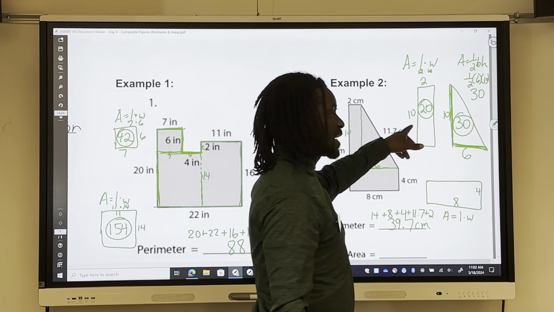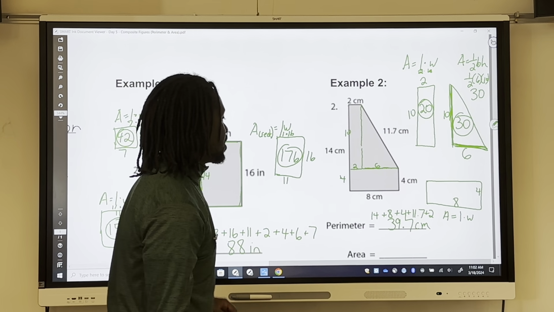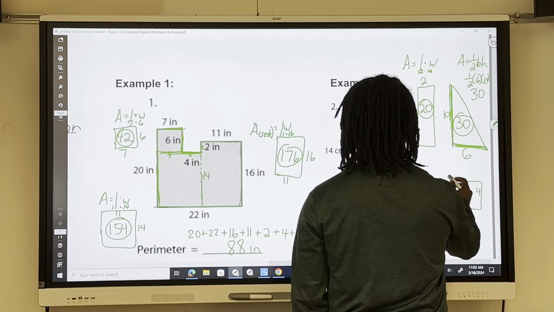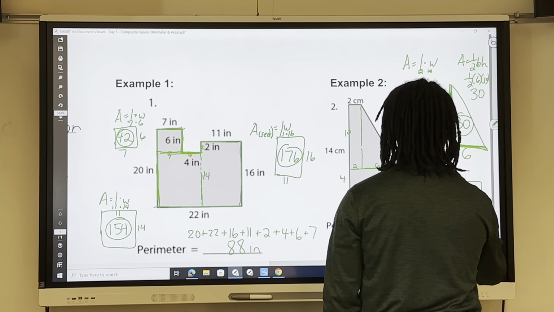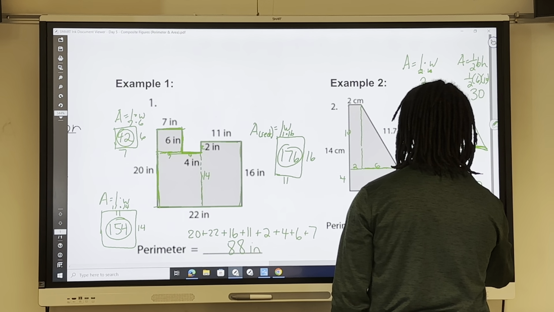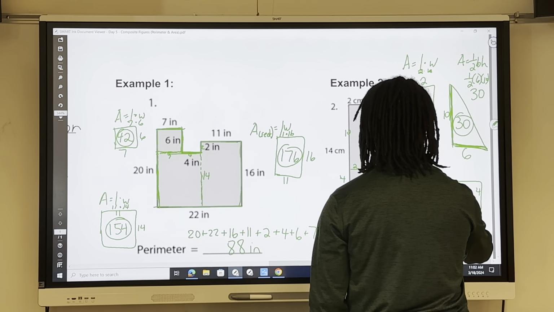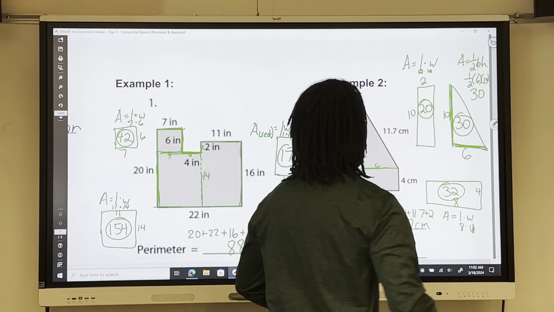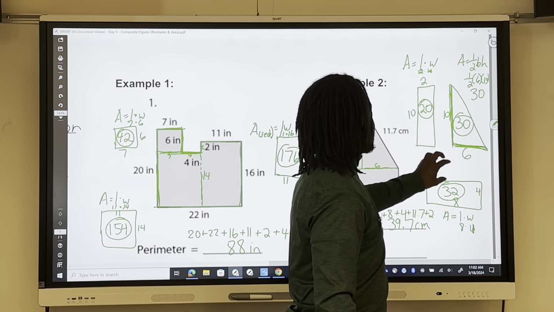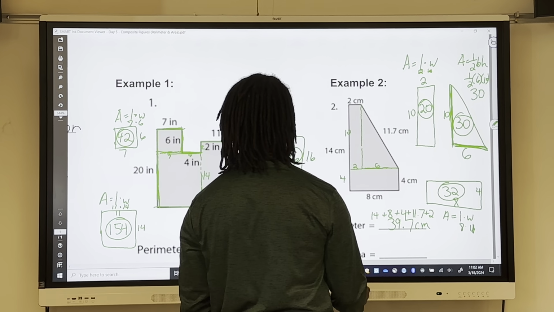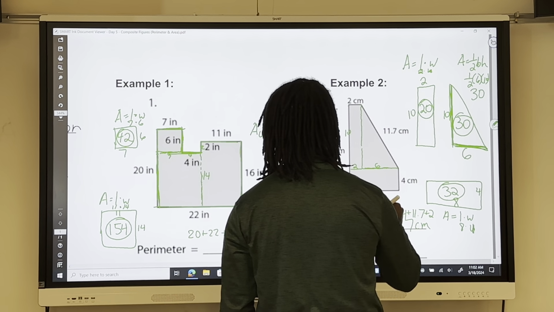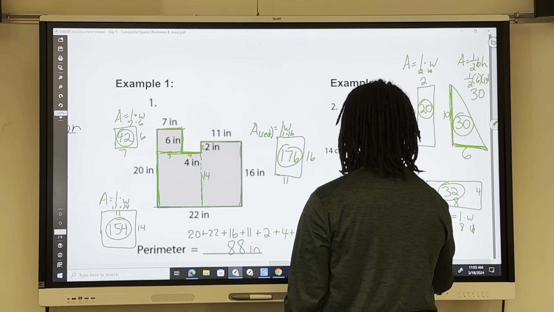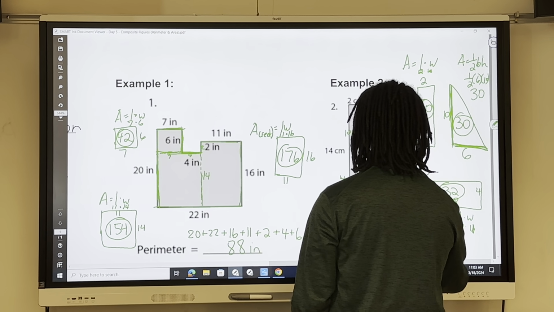That's the inside of my triangle. And then the area of my rectangle at the bottom is length times width. That's 8 times 4. When I multiply that, that's going to give me 32. So now I just need to add each of these pieces together. So the area of each of those pieces is 20 plus 30 plus 32.